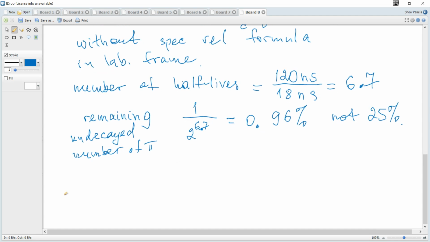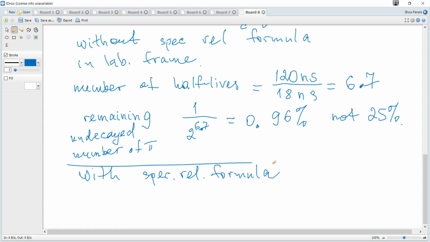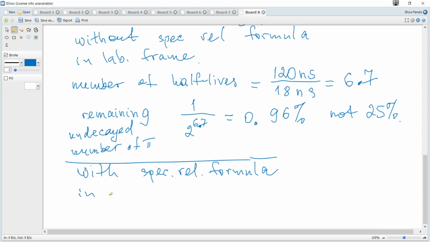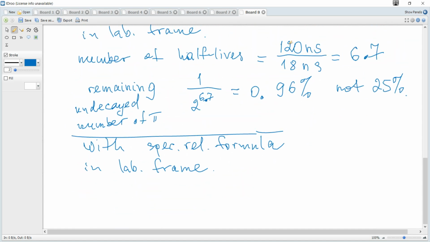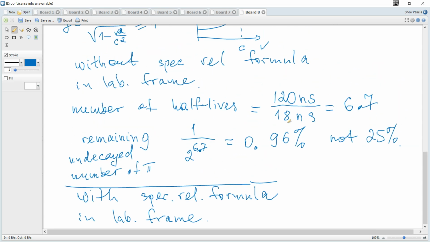And with the special relativity formula in the laboratory frame, the time will be the same, 120 nanoseconds, but 18 nanoseconds is the time in the pi meson's moving reference frame.